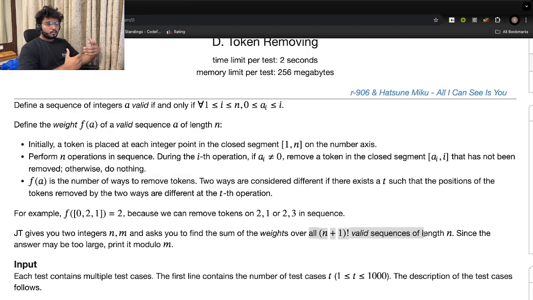What is f(a)? The total number of ways of removing tokens, and two ways are considered different if at any position the position of the token removed is different. Okay, that makes sense. So now let's look at the constraints.